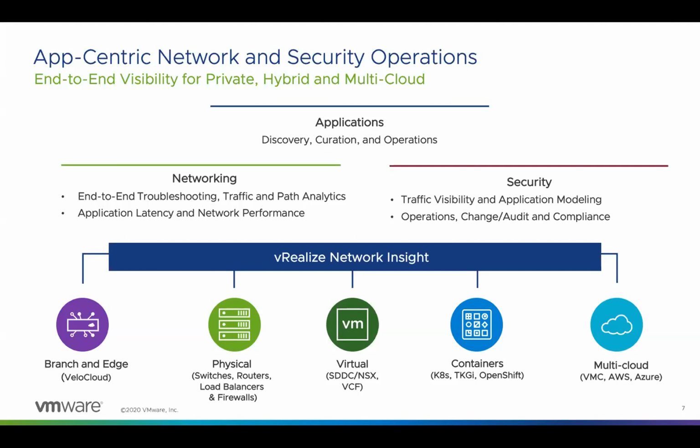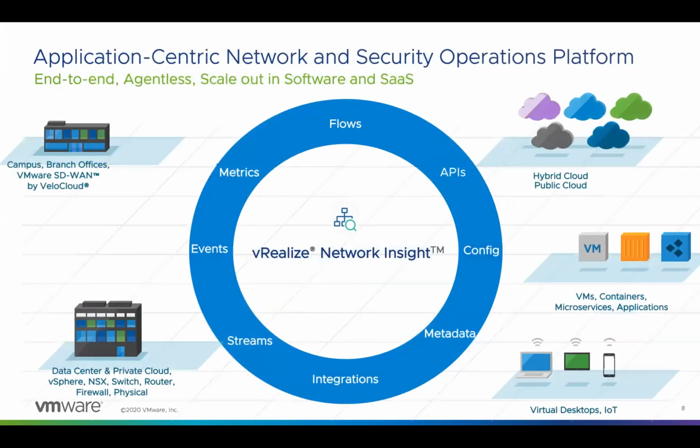So just a little bit more information on how we pull all of that information into vRNI. So we got all of these different components: the cloud, the workloads, the VMs, the containers, the NSX, the physical network, all of that. And then we take the network flows, which vRNI uses heavily. So you will always see some type of network traffic information on any page of vRNI. So flows are very important.